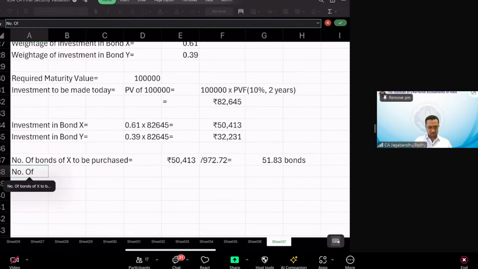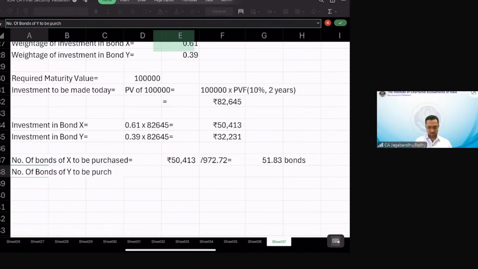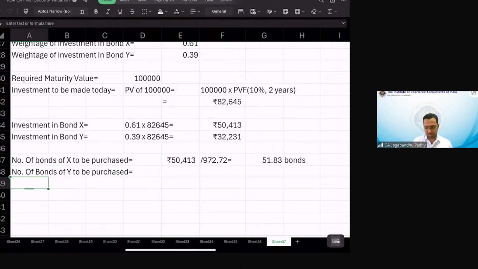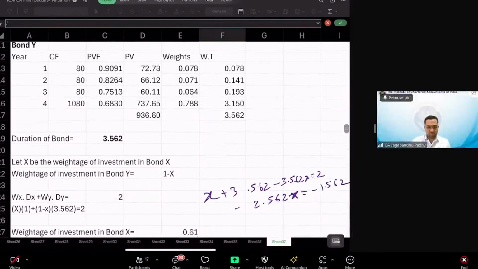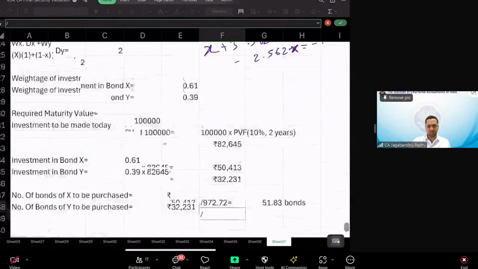Now, what will be the number of bonds of Y to be purchased? 32,231 divided by the price, which is how much? 936.6.